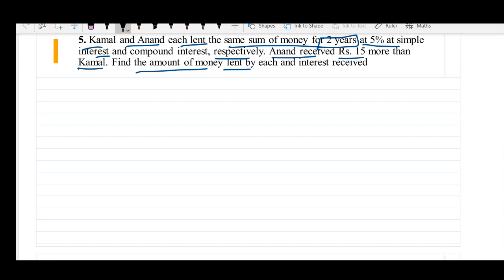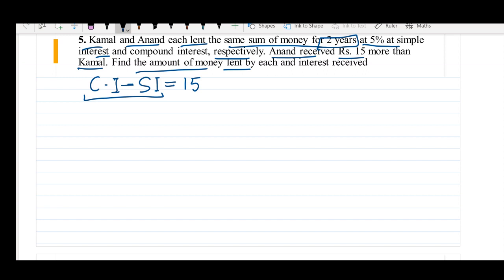So received extra means compound interest. Actually, it is given as the difference, like CI minus SI is 15. So we need to calculate CI and SI. Why? We can see Anand receives 15 rupees more.